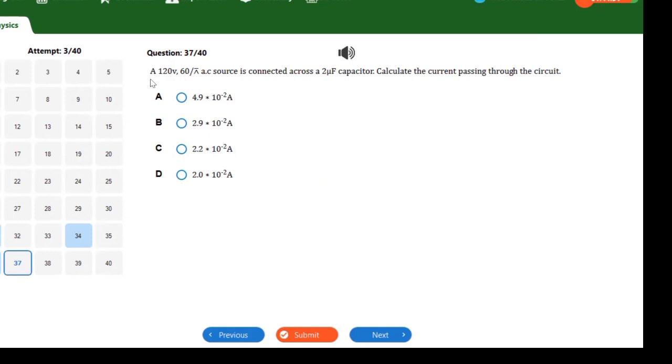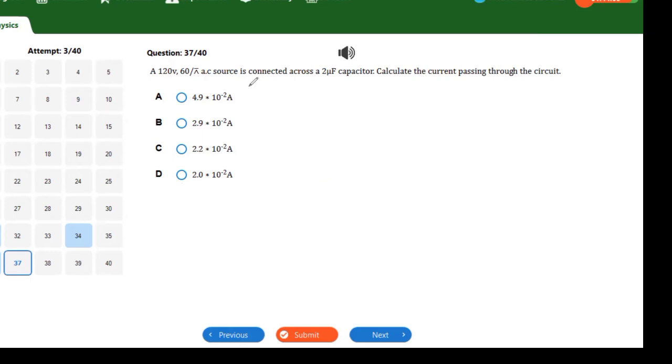Question 37: a 120-volt, 60 over pi hertz AC source is connected across a 2 microfarad capacitor. Calculate the current passing through the circuit. This is under AC, and this type of question involves capacitive reactance.